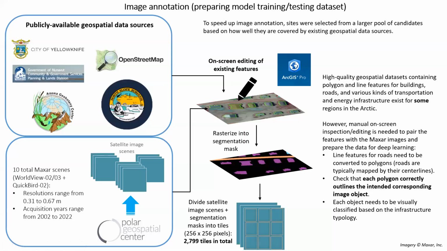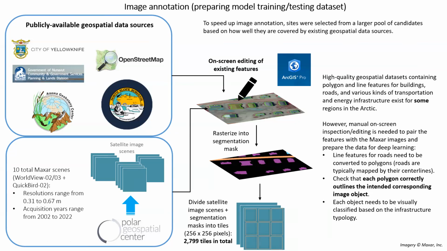So gathering all of these samples requires a very time-consuming and laborious image annotation process, right? So to speed this up, I've actually made use of a number of high-quality, publicly available geospatial data sources, and I have these listed here. So City of Yellowknife, Government of Nunavut, UAF, Alaska Geobotany Center, North Slope Borough, and OpenStreetMap, right?